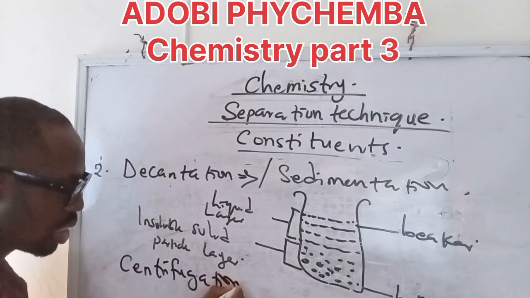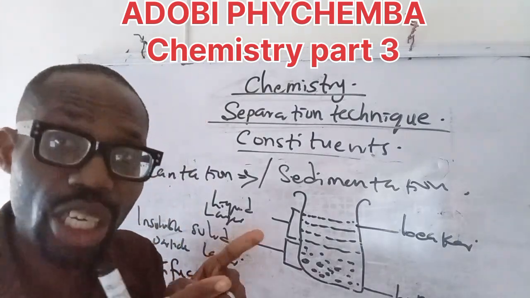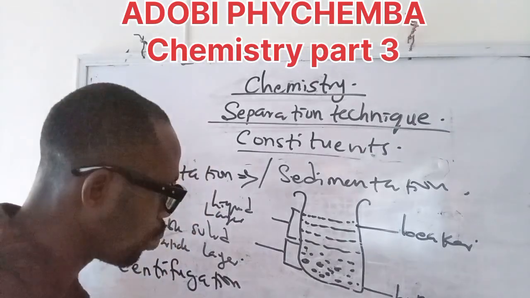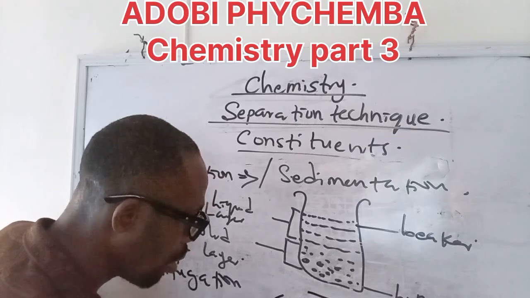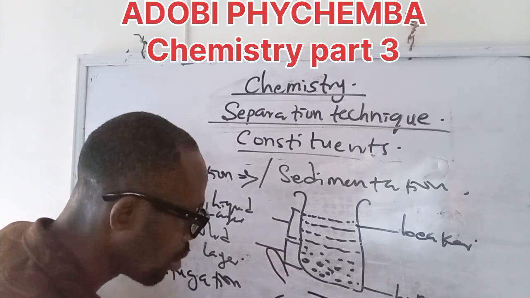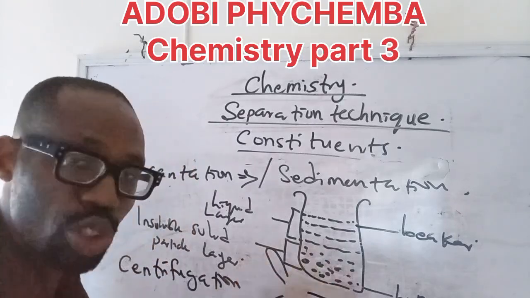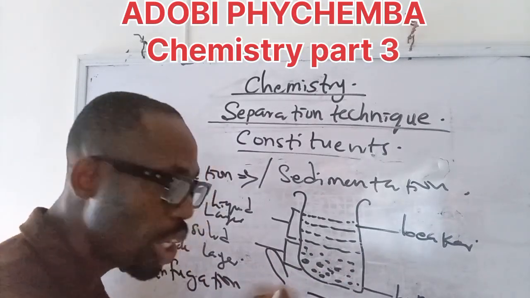What is centrifugation? This is the kind of separation whereby the mixture containing the insoluble solid is placed in a test tube inside a machine we call a centrifuge. The very essence of the centrifuge is to separate the insoluble solid from the solution, but in this case it will be in motion.